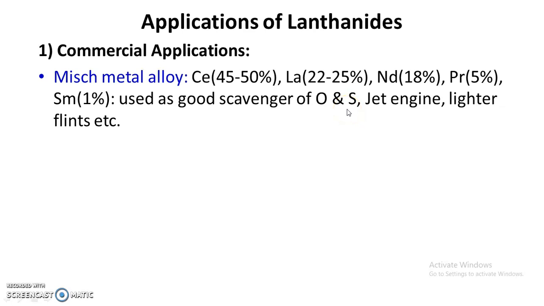Along with magnesium and zirconium alloy, this mixed metal alloy is used in making jet engines. When this mixed metal is alloyed with 30% iron, it can be used as lighter flints.